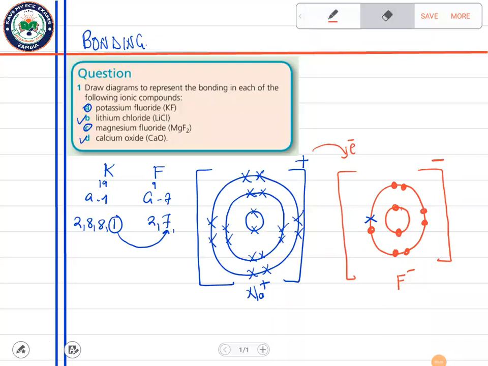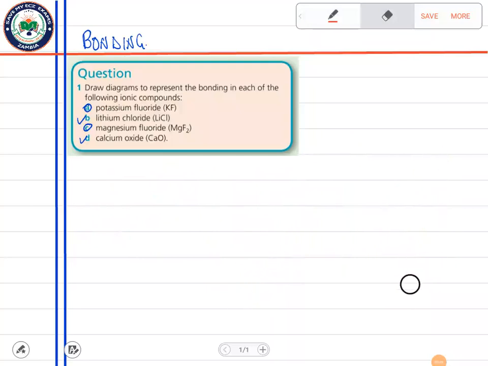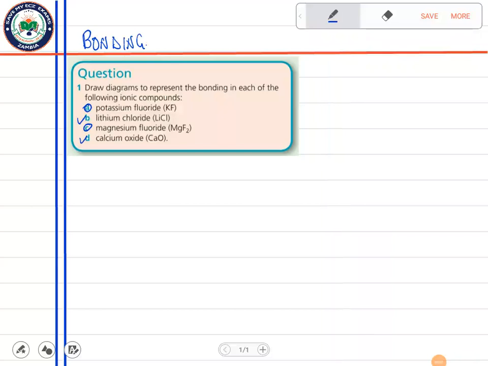Then we can do the same for C. Like I said, B and D you try out. So we can do the same for C, which is magnesium fluoride. Now in this case, magnesium is in group 2 of the periodic table, while fluorine is in group 7 of the periodic table. So this 2 which is here is telling you that you need 2 fluorine atoms.